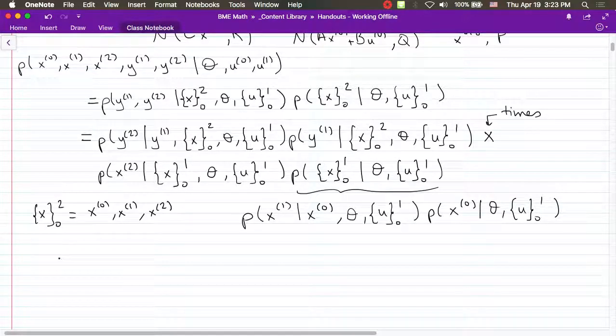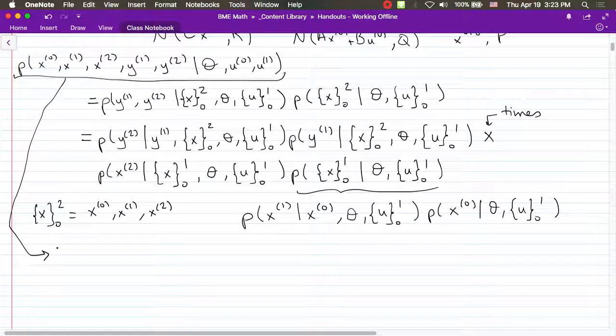So this probability distribution can then be written as p of y2, the first term, given x2 and theta. All the useful things that come out of here are x2 and theta, times p of y1 given x1 and theta.